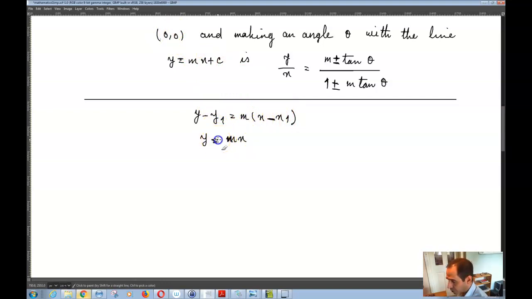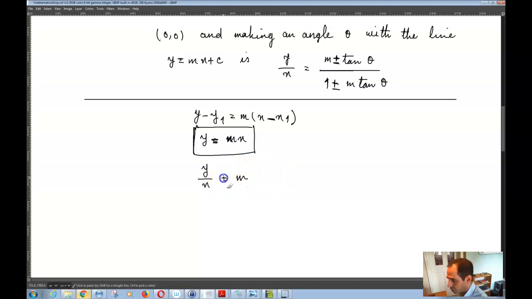Now if y is equal to mx, you can say that y divided by x is equal to m.